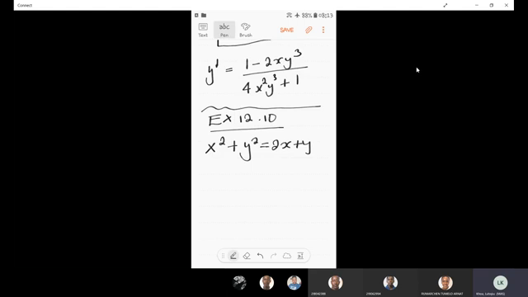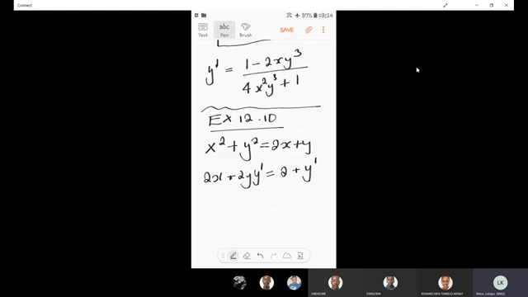What you do, you just differentiate both sides and then you'll collect y prime as the subject on one side. When I differentiate x squared, I get 2x, and this one I get 2y, and then y prime, and then I get 2 plus y prime.